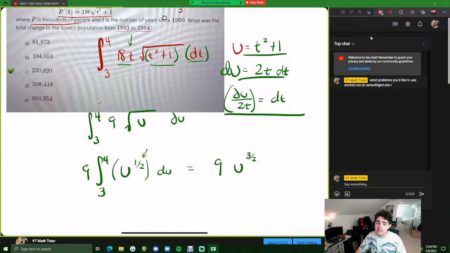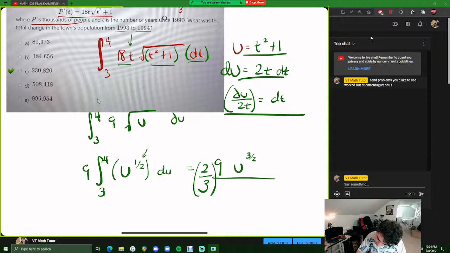The trick is take the top number and add the bottom number on. So 1 plus 2 gives us 3, and then we keep it over 2. Whatever our new exponent is, we always divide by that new exponent. So u to the 3/2 divided by 3/2. Dividing by 3/2 is the same as multiplying by the reciprocal, 2/3.